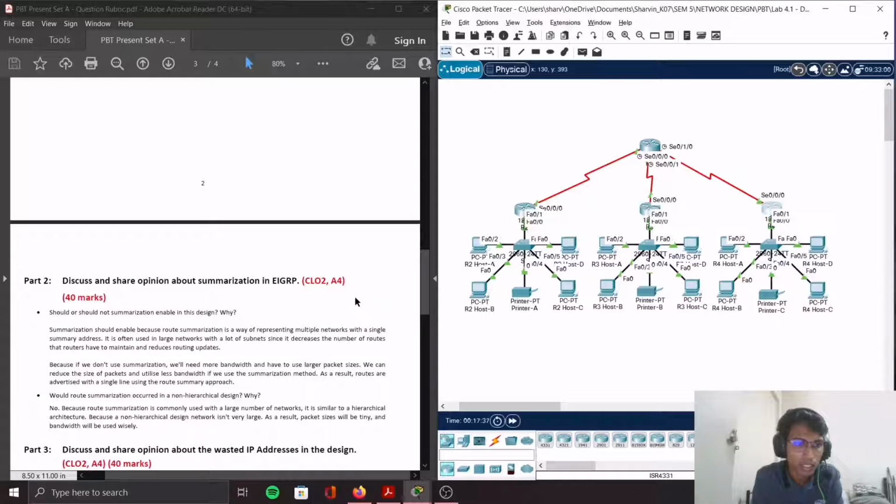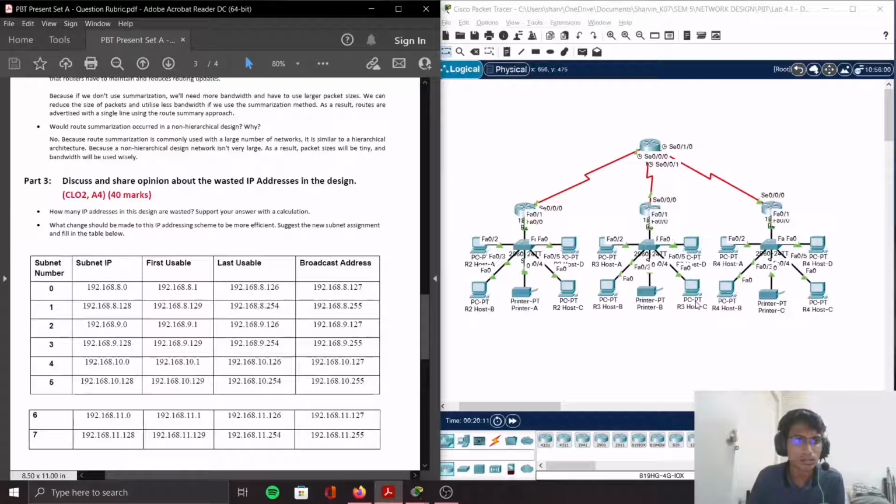A non-hierarchical design network isn't very large. As a result, packet size will be tiny and bandwidth will be used wisely. That's all my opinion about whether route summarization would occur in a non-hierarchical design. I'm done with part 2.